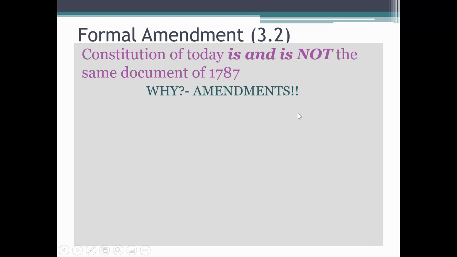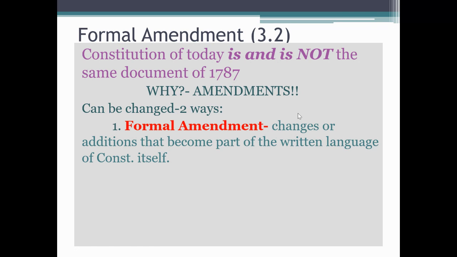When we change the Constitution, it can be changed in two ways. The first way that we're going to talk about is the formal amendment. That's changes or additions that become part of the written language of the document itself. So that's called a formal amendment.